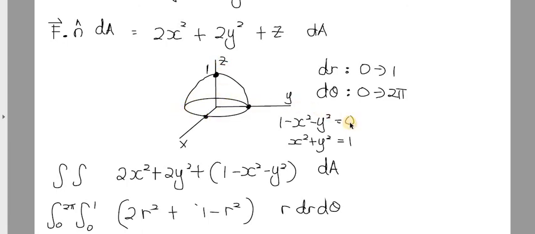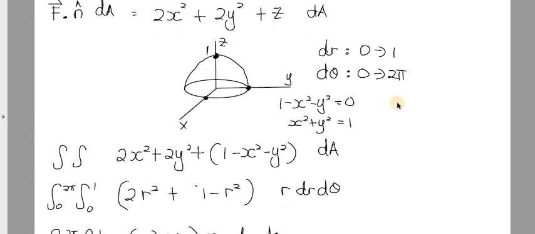That's why I replace z to be 0. So I get these functions, and it represents a circle of radius 1. So dr will be from 0 to 1, d theta will be from 0 up to 2 pi. And the z, I insert it with the equation of the paraboloid.